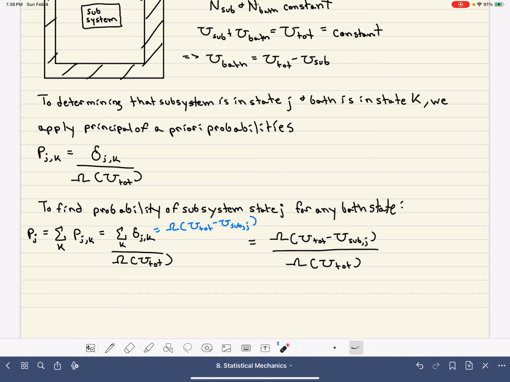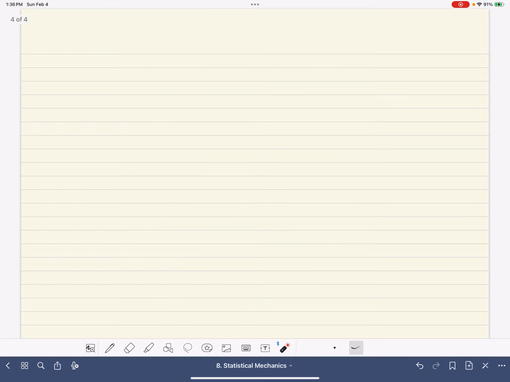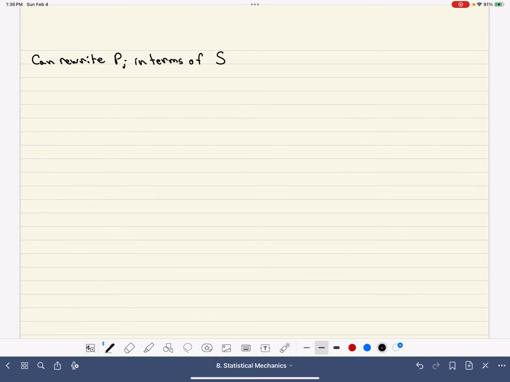What we could do now is rewrite this ratio in terms of entropy. We can rewrite P of J in terms of S, since we know that S is just equal to k_B ln of omega. So if we have omega, that means what we have is this.